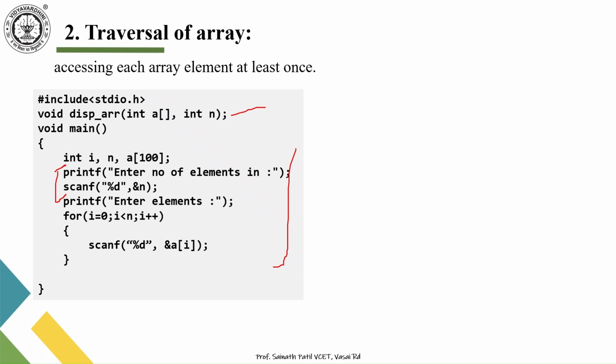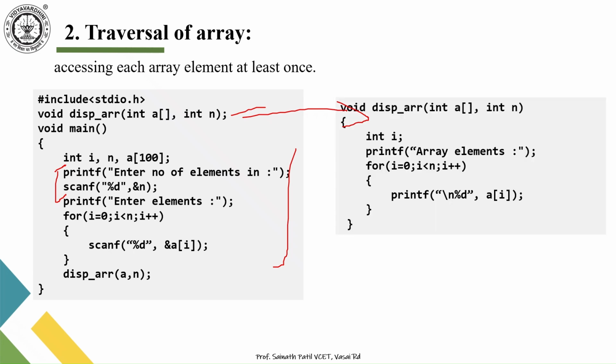Now, the display function, basically to write the definition of the display function to access or visit each element at least once. So we call this display function, and the definition of this one is void display_arr, that is array, int a of r, and int n.